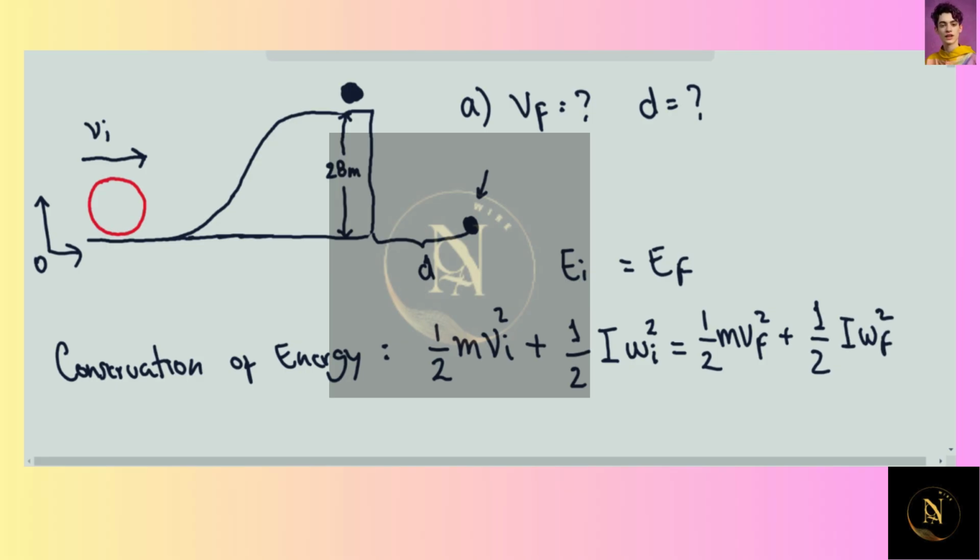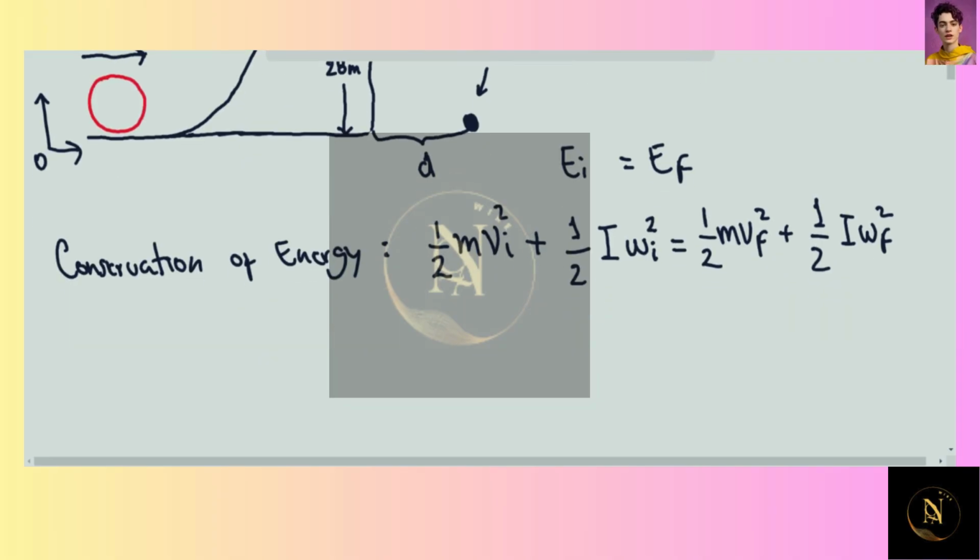And we also know that at this point on top of the hill, we will also have potential energy, and that is plus g h m, and h in this case is 28 meters.